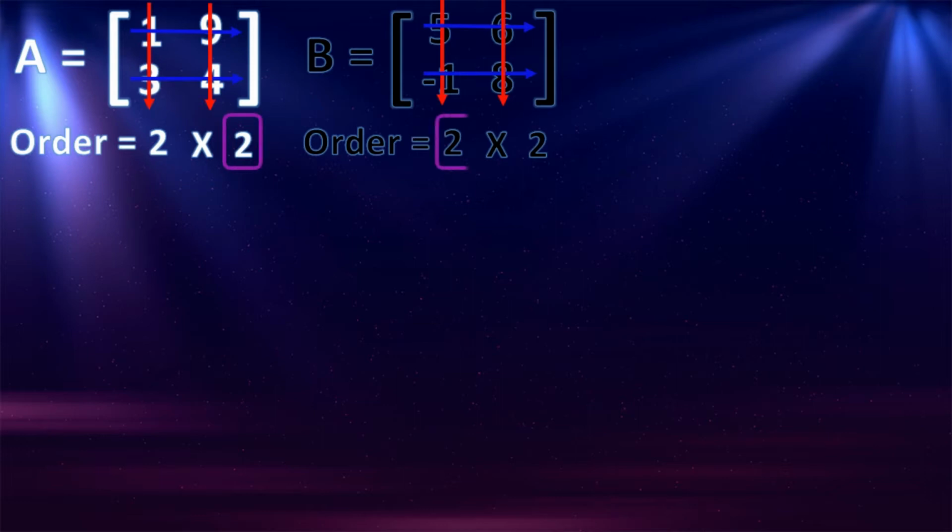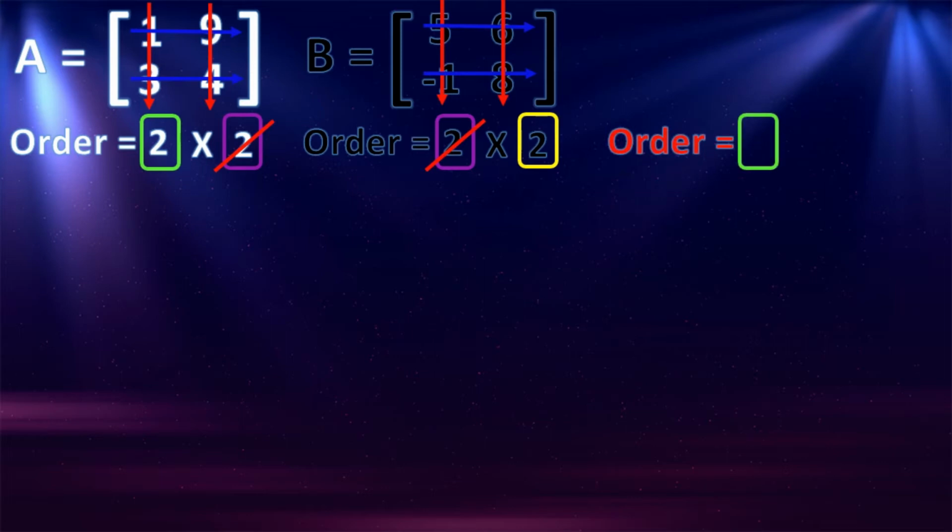The columns of matrix A and the rows of matrix B are the same, so they will get cancelled out. The product matrix will get the order 2 by 2. The green 2 and yellow 2 will determine the order of the product matrix AB.